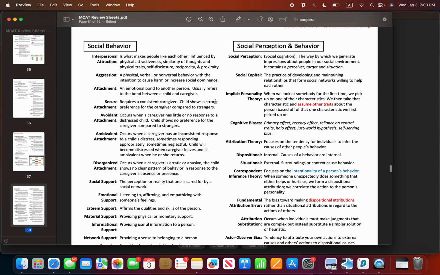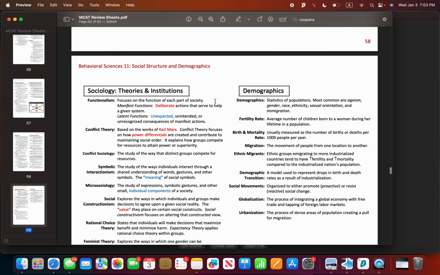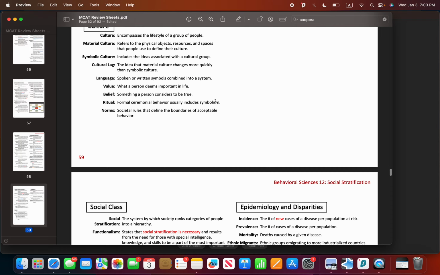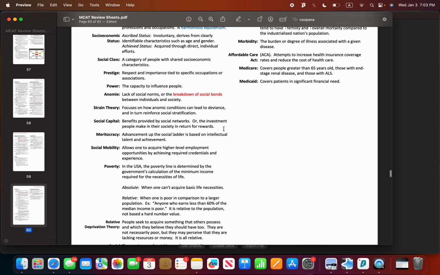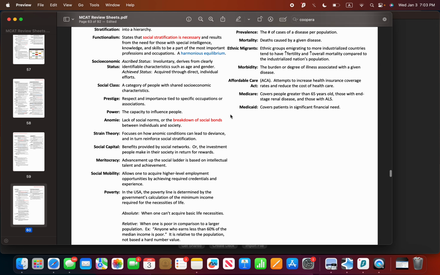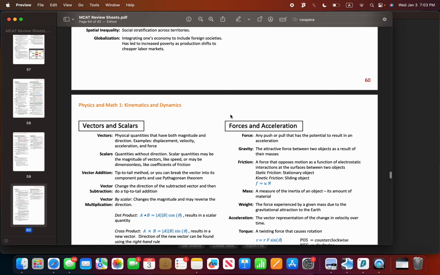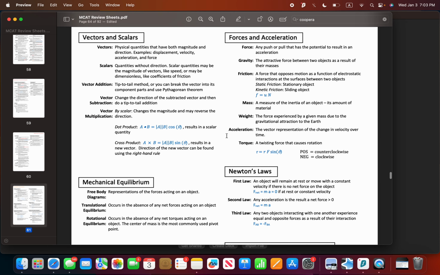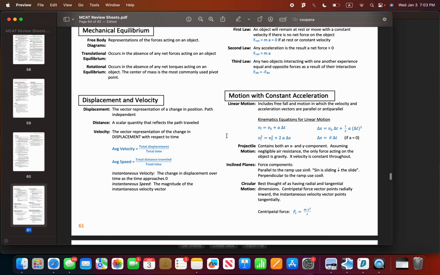We have social thinking. We have social structure and demographics, and we have social stratification, which is like the last section, and that's relatively easy. And then we have the physics and math section, which is about kinematics and dynamics.